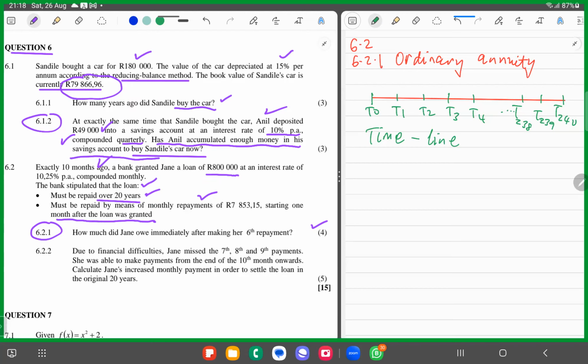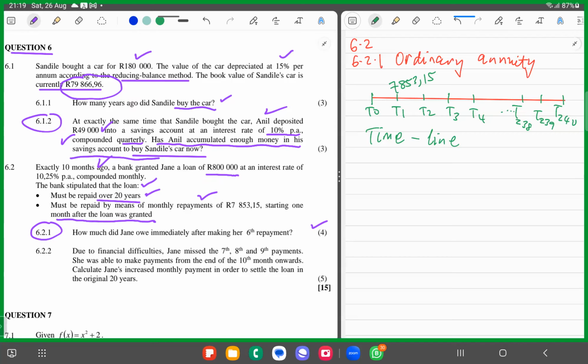How much did Jane owe immediately after making the 6th payment? Right, so these payments are going to be exactly 7,853.15, and they continue to be made.